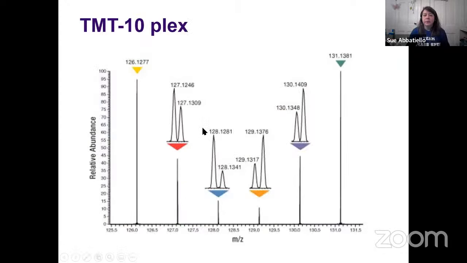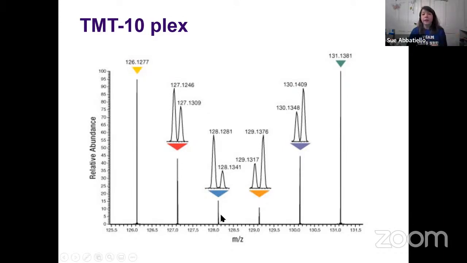Okay. So as I mentioned, when you get to higher plex levels, meaning more labeling reagents, the differences that you see in this labeling profile, or the barcode, are so close that if you don't have accurate, high enough mass resolving power, they'll come out as a single peak.